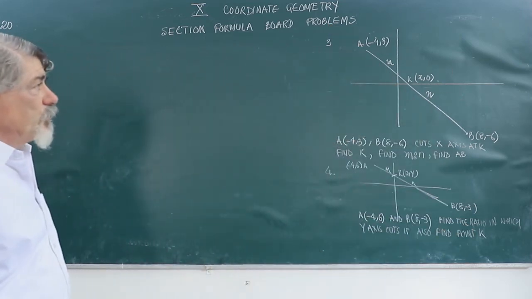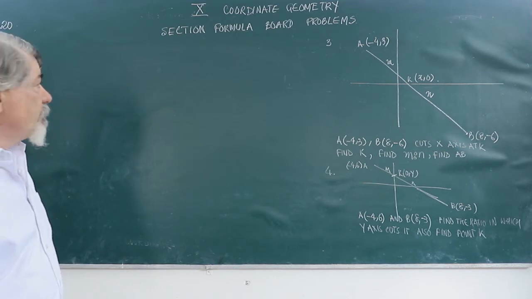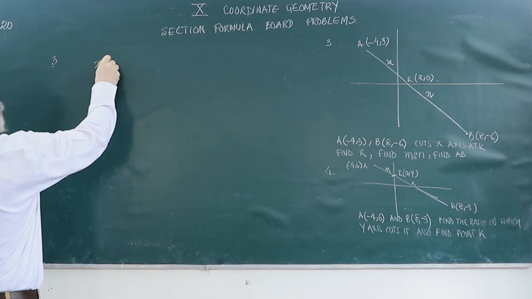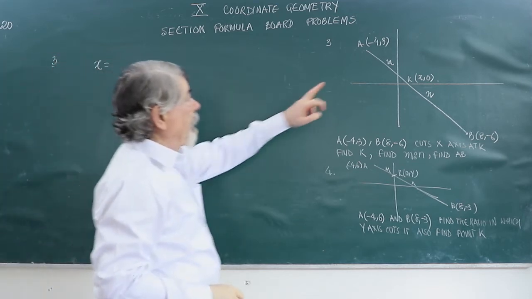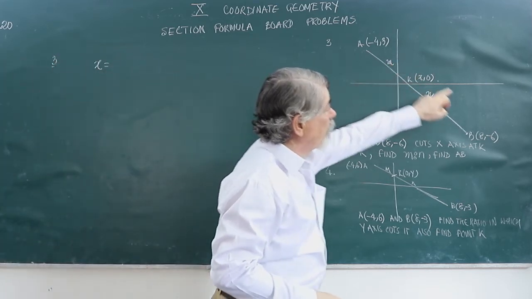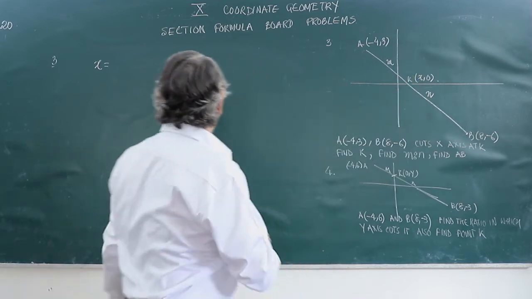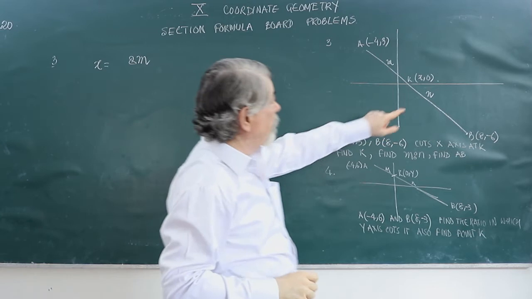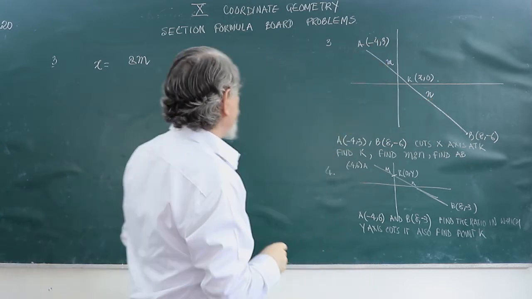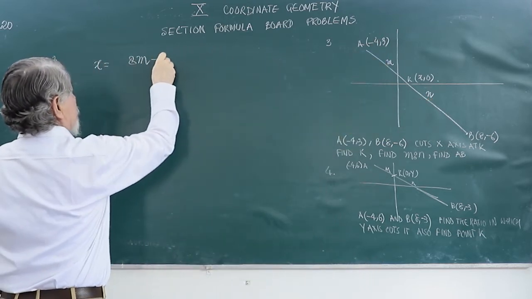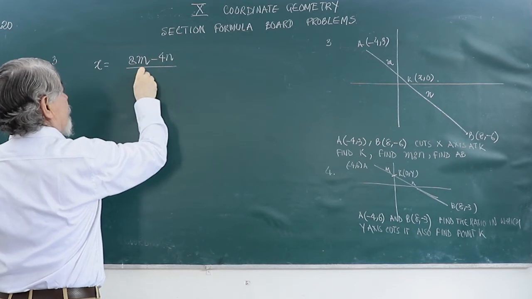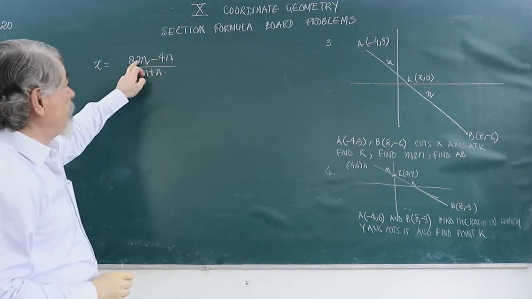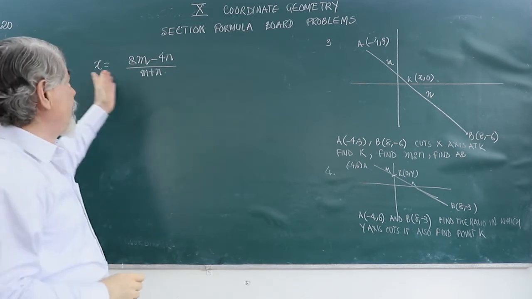So what are we going to do? Again we are going to use the section formula. The x coordinate will be m times 8, so 8m, plus n times the x coordinate here, minus 4n, upon m plus n. This is the x coordinate. We don't know m and n, so we can't calculate the value of x yet.